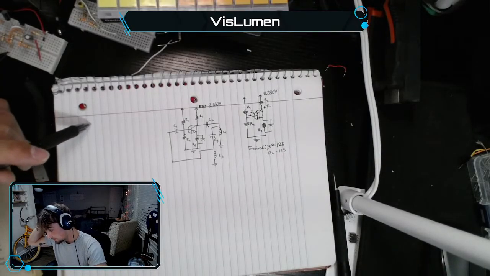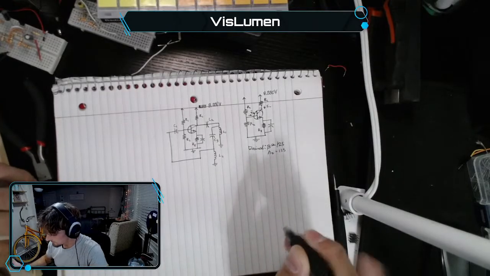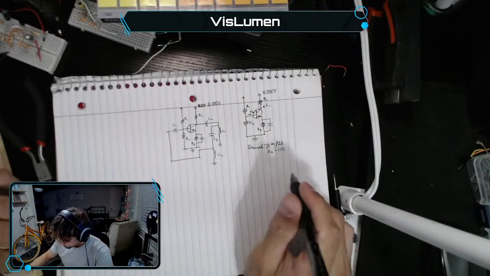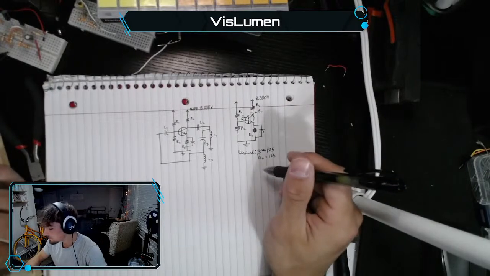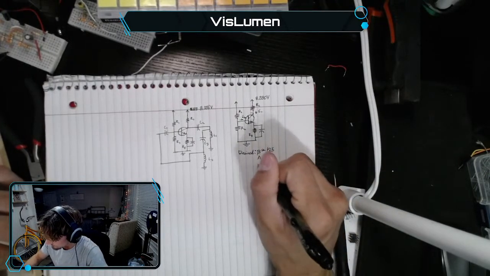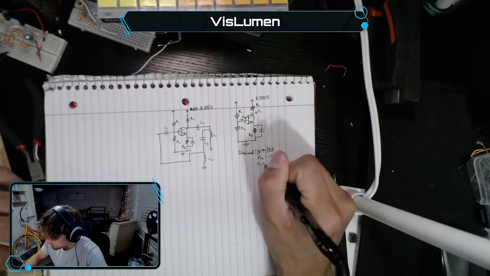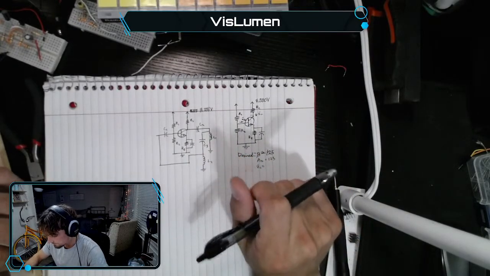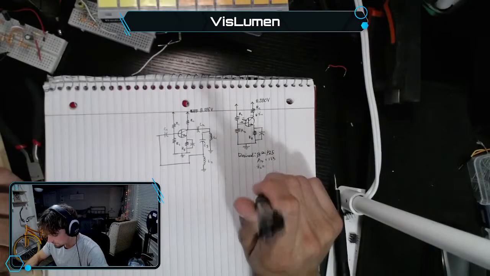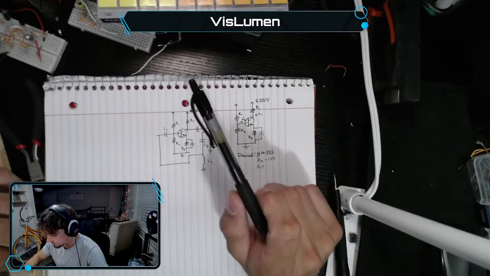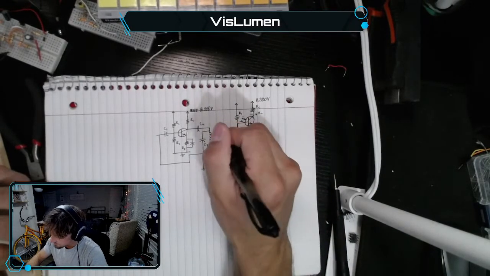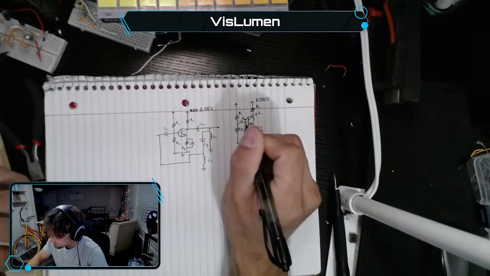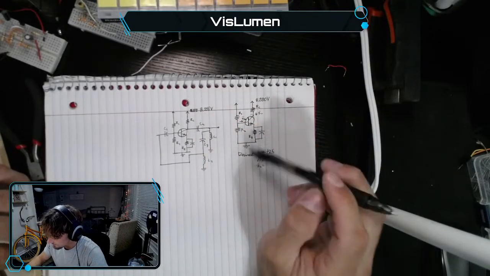All right. So desired beta equals 125. So now we must determine what we want. Desired IC equals... that's our signal output.